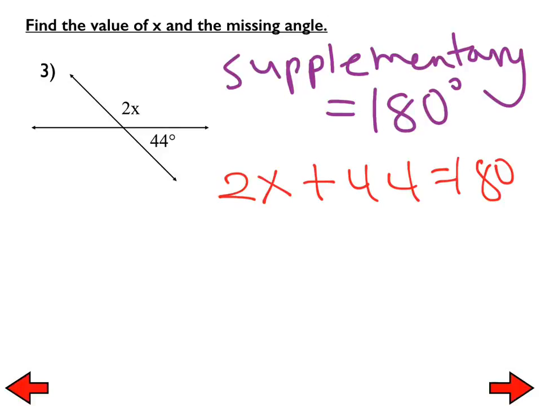So make sure your equation matches what you just said. Now you're solving for x. Subtract 44 from both sides, and then divide by 2. 68. Should I put 68 degrees or just 68? Just 68, because this is a degree one, right? And it doesn't say x. It says 2x. So what is 2x? What is 2 times 68?